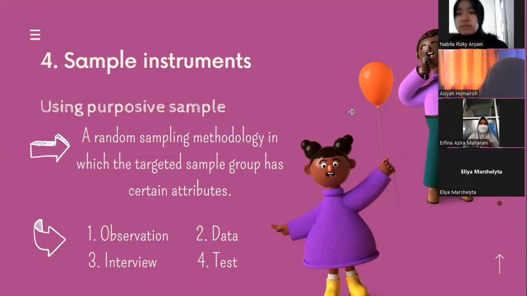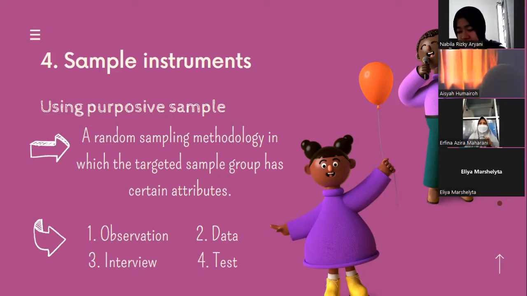Next is sample and instruments. The sample in this thesis uses purposive sampling. Purposive sampling itself is a non-random sampling methodology in which the targeted sample group has certain attributes. This method can be used in many populations but is more effective with a smaller sample size and a more homogeneous population.